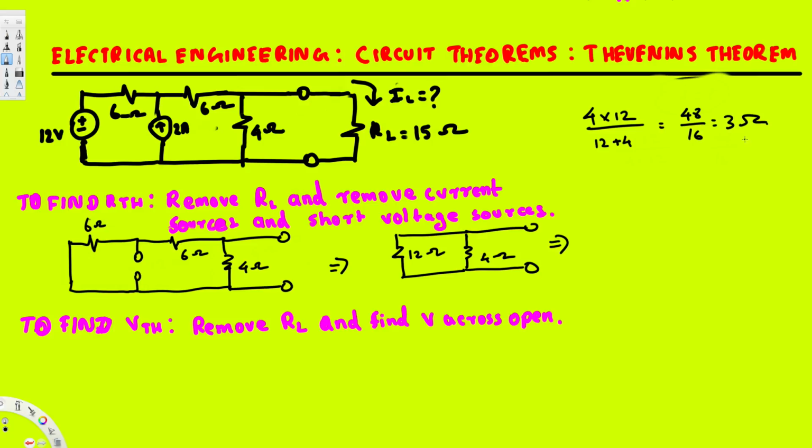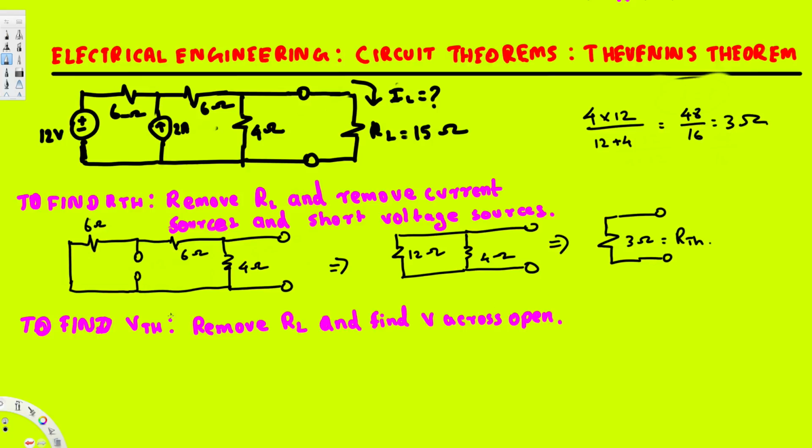So the equivalent resistance is going to be 3 ohm. This is going to be just 3 ohm right here. Okay, now we found the R Thevenin, so this is going to be the R Thevenin.